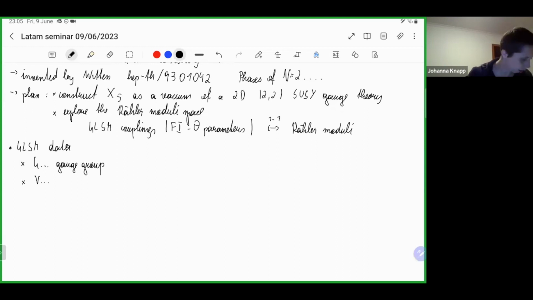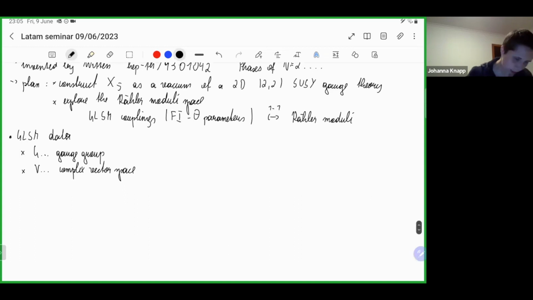And then I will introduce a complex vector space. Why do I do this? This is just really going to be our manifold. So we will have coordinates. For now, I will call them phi I. And I haven't really fixed the dimension of my complex vector space.